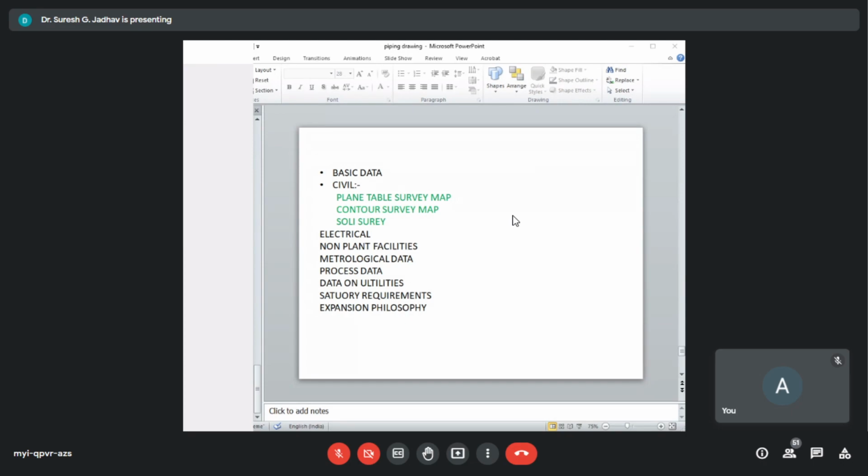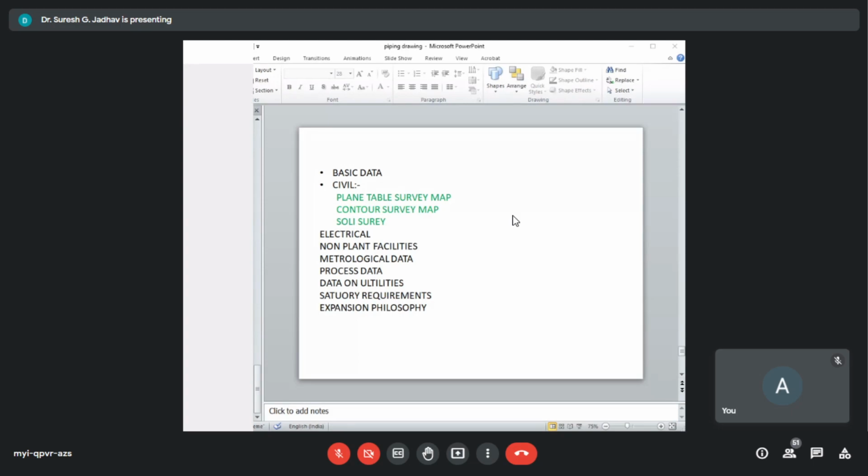Now, next one is data on utilities. The data on utilities is required to size and locate the various utilities, source and/or supply points of raw water, quality of water available, water consumption for the process, and requirement of different types of utilities such as steam, air, nitrogen, and water, that is soft water, cooling water, chilled water, and brine solutions.